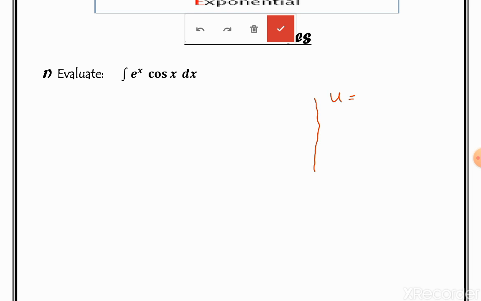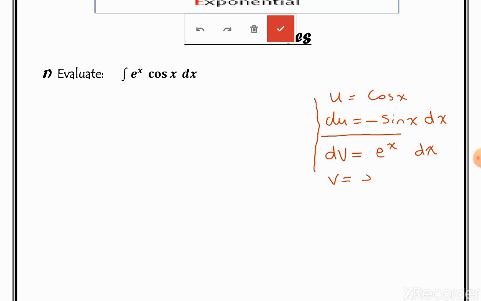In the word LIATE, cosine will be the u because it's a trigonometric function, and the derivative du is equal to the derivative of cosine, which is negative sine x dx. Then, on the other hand, we will let dv equal e to the power of x dx. The integral of dv is v, and the integral of e to the power of x is the same, e to the power of x.